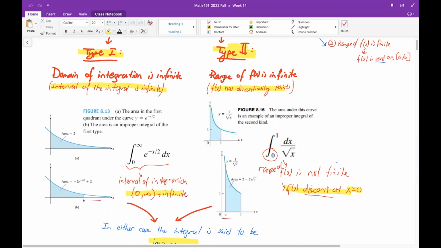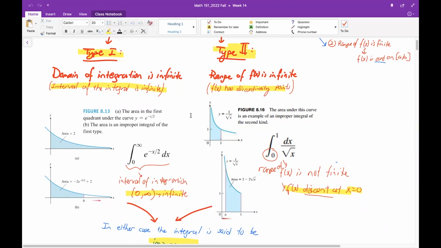In type 2, we are dealing with improper integrals where f(x) is not continuous in the given interval of integration. Here the interval is finite, but the function has discontinuities over this interval. In type 1, there is no problem about the continuity of the function, but the interval is infinite.